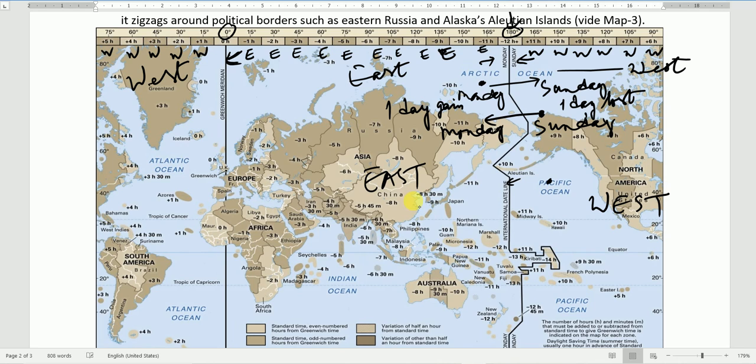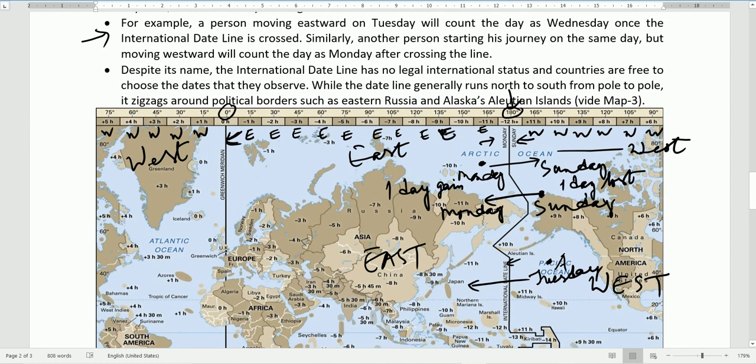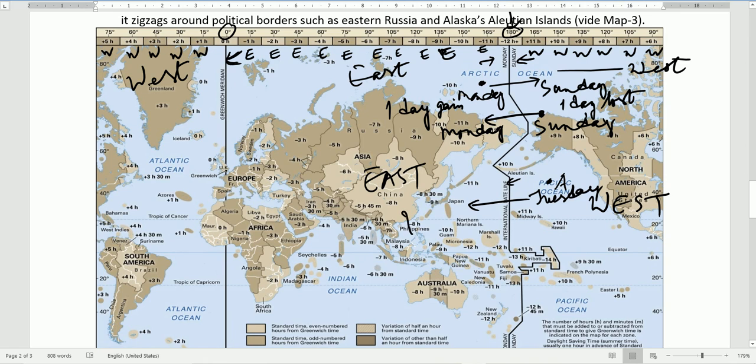Person A is here, enjoying Tuesday. As per the statement, he crosses the international dateline towards the east, and the day becomes Wednesday.